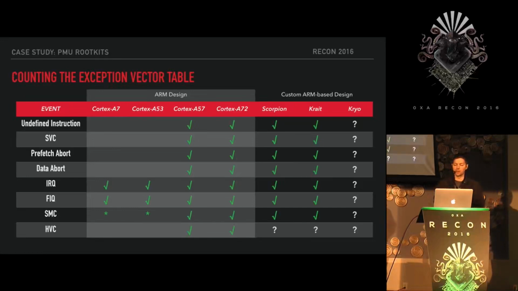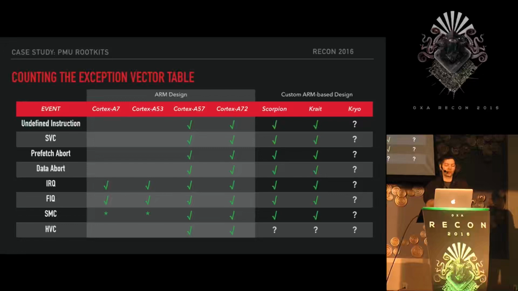The Cortex A7, A53, A57, A72 are all ARM's designs. I wanted to show that not only is it in the manual as a suggested event, it's included by default on the newest 64-bit cores, A57 and A72.